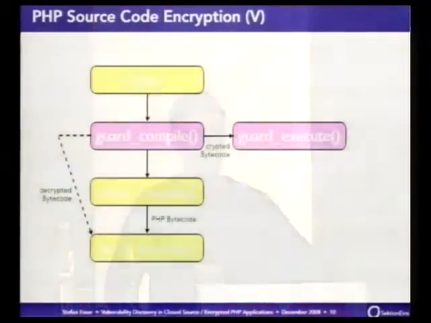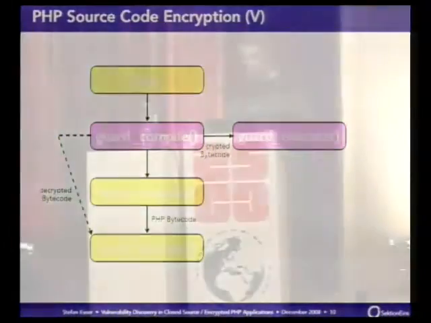With old cryptors, this was everything that was done. The compiler, on the one hand, gives the original source code to the original compiler when it's not encrypted. But when it's encrypted, it just decrypts it and executes it. And with older encryptors, this execution was done by passing the decrypted bytecode directly to the PHP executor.